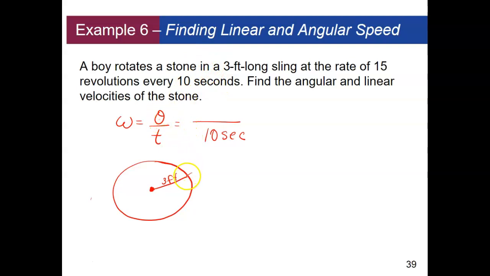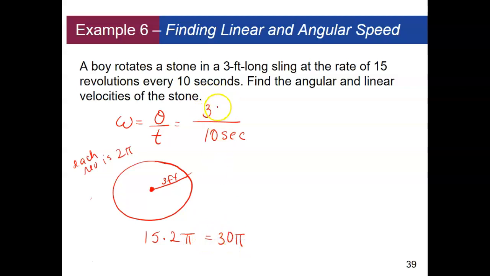In terms of radians, every time he goes around, it's 2 pi. So each revolution is 2 pi, and he does that 15 times. So 15 times 2 pi for each revolution is going to be 30 pi.